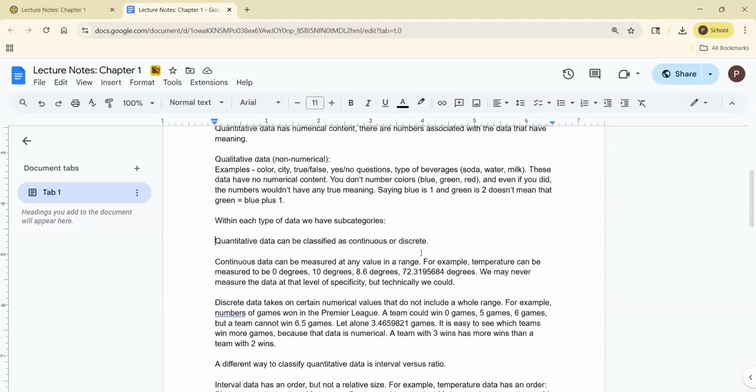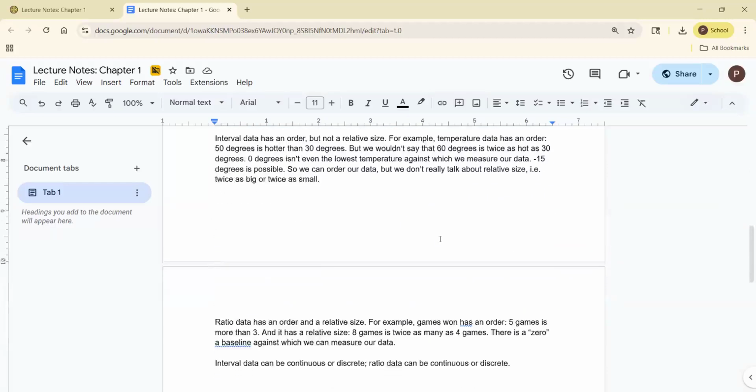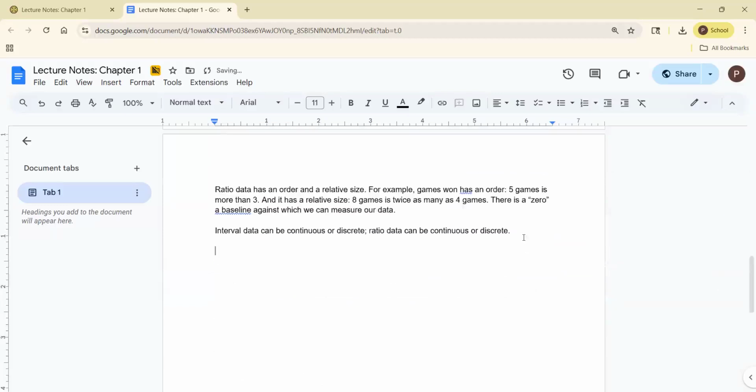All right, we've talked about quantitative data completely. Let's switch now and talk about qualitative data, categories without numerical content. Again, we can classify our qualitative data in a couple different ways, subcategories.